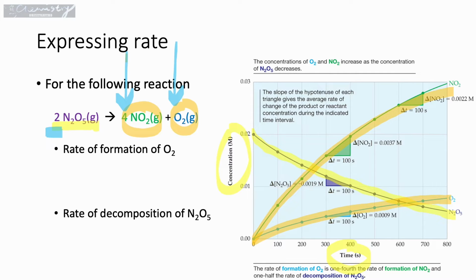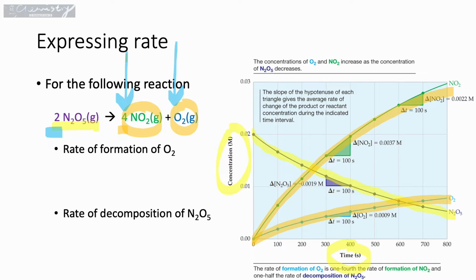That's why the concentration of NO2 is higher than that of O2, because more is being produced per equivalent of the reactant. And again, remember that the rate is defined by the change in concentration over time.